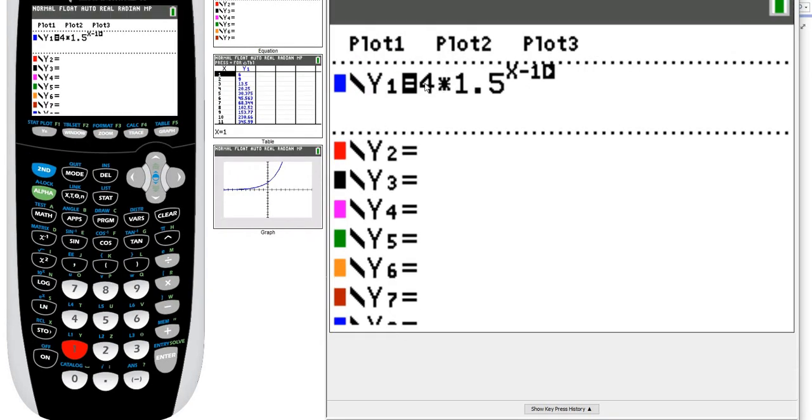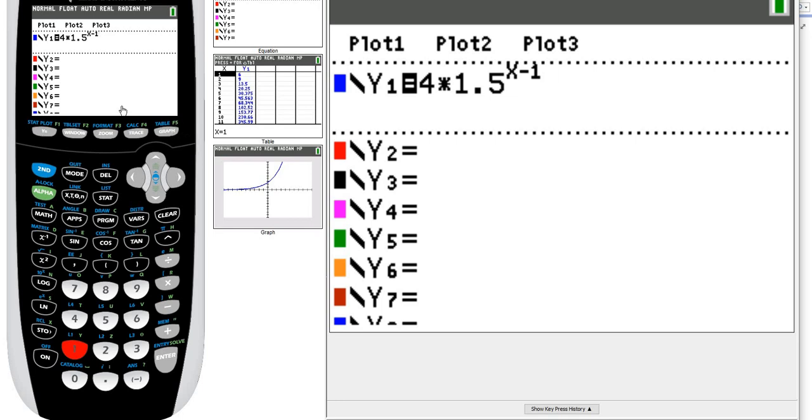Y equals the top left button. So I've got my function here, guys. If I then want to see what it is at x equals 1, 2, 3, 4, 5, what do I press? Does anyone remember?